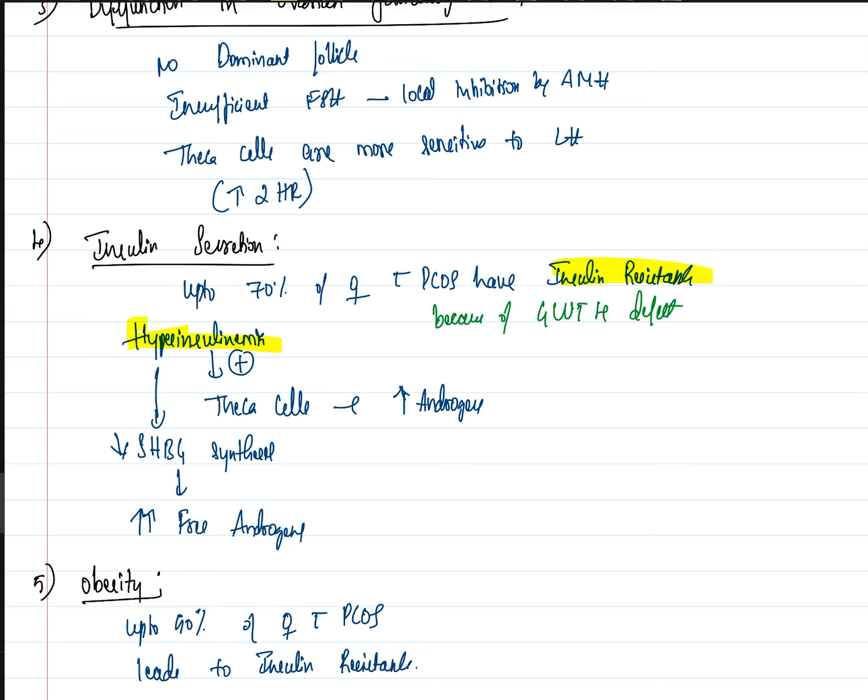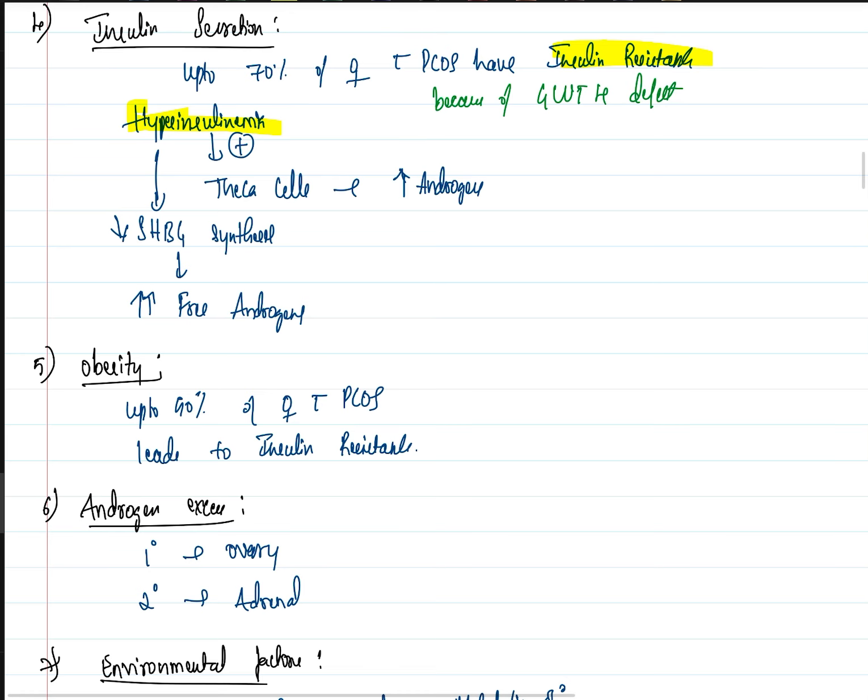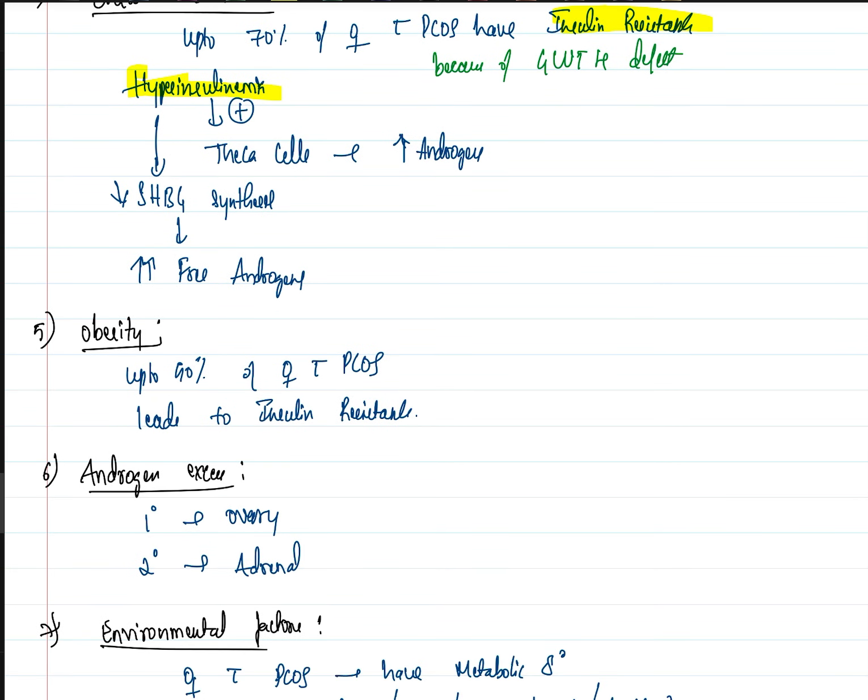This hyperinsulinemia also acts on the theca cells, which leads to increased production of androgens. Then obesity, up to 50% of females with PCOS will be obese, and this obesity will lead to insulin resistance, and then again this insulin resistance increases the free androgens in the body.